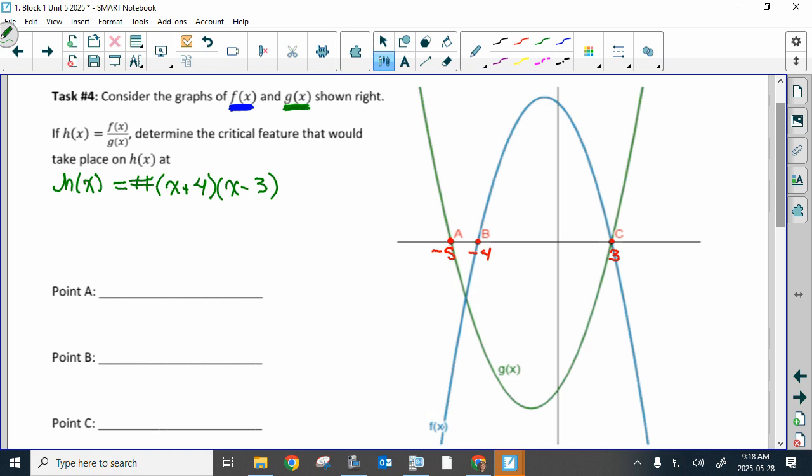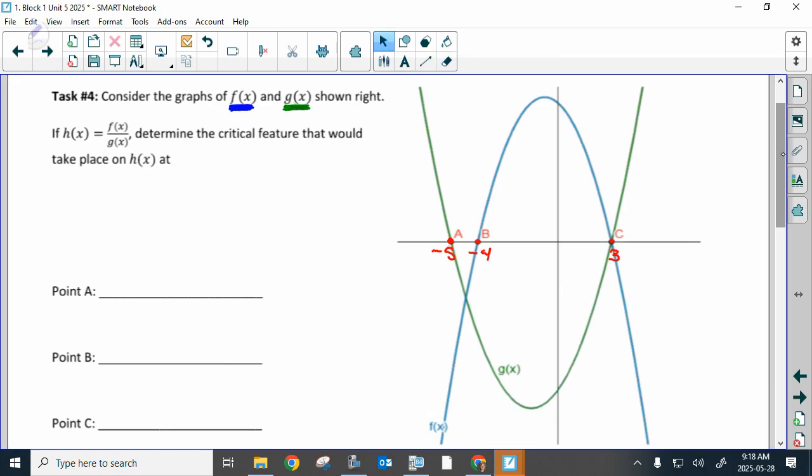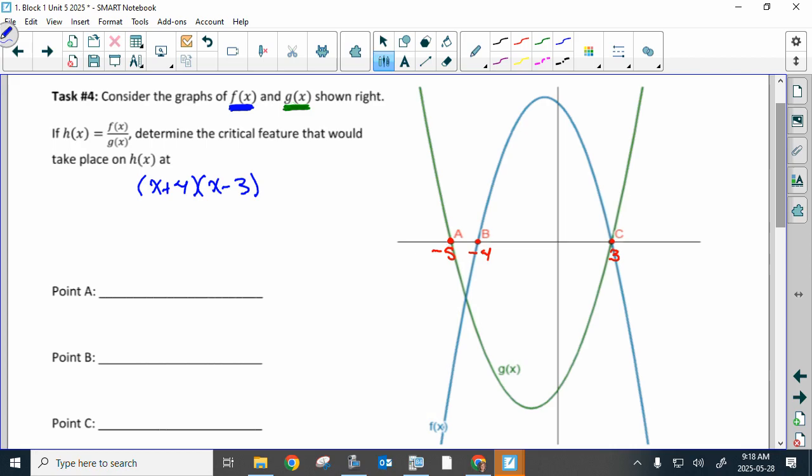Are you guys okay that these factors would represent my f of x? I should have done that in blue. I'm going to fix this. I'm going to color code this. Okay, so my blue function here has an x plus 4 and an x minus 3. And again, there's some number. I know it's a negative number, but it doesn't matter. There's some number in front that made it open down. That's my f of x.